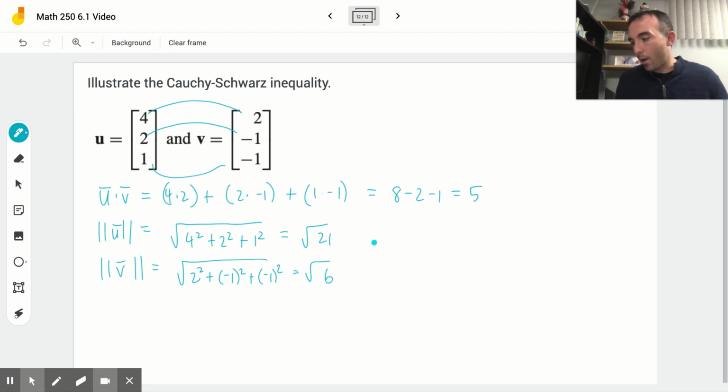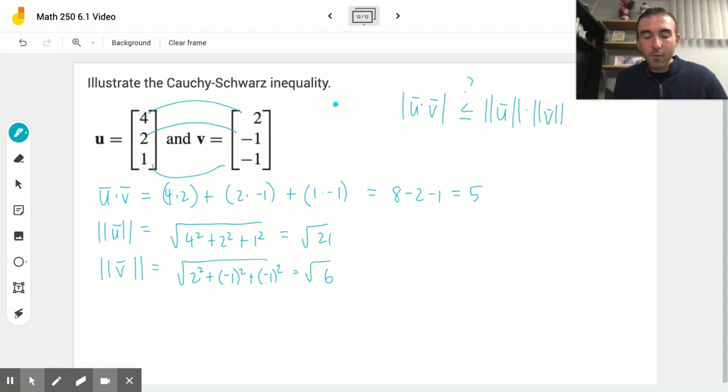So now we want to see if the Cauchy-Schwarz inequality holds up. So is it true that the absolute value of the dot product of u and v is less than or equal to the norm of u times the norm of v? Big question.